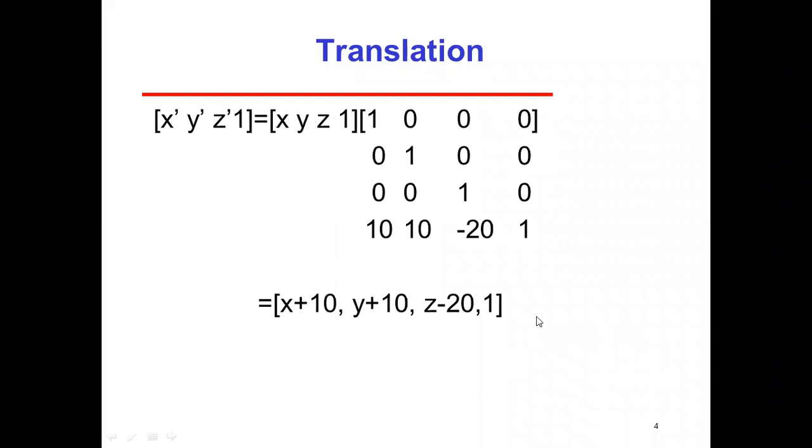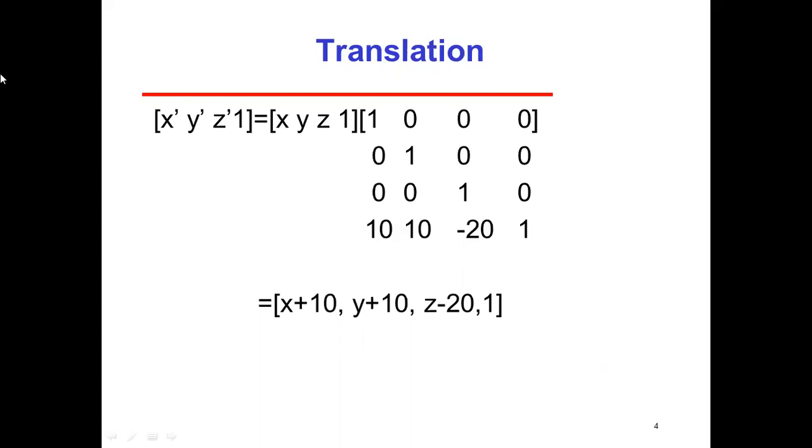Okay, the result of this matrix. So we will write in place of x, y, z 1 the value of x dash y dash z dash 1.